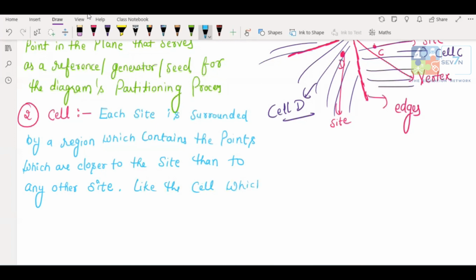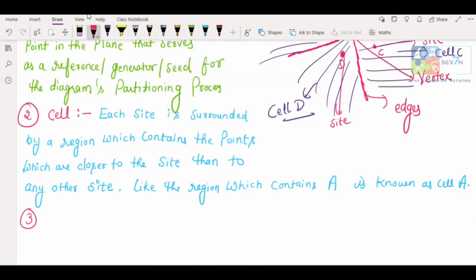Like the cell which contains A is known as cell A. To say cell, we need to define cell, right? Like the region which contains A is known as cell A, right? Shanvi, if you are not getting the point, it's okay, you can tell me, okay? No, I got it.